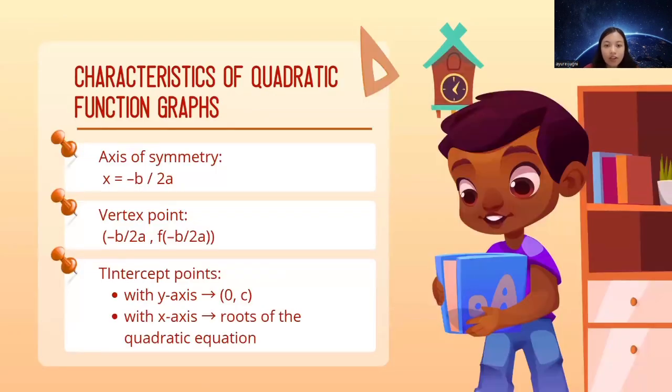Now let's discuss the characteristics of quadratic graphs. The first characteristic is the axis of symmetry: x equals negative b over 2a.